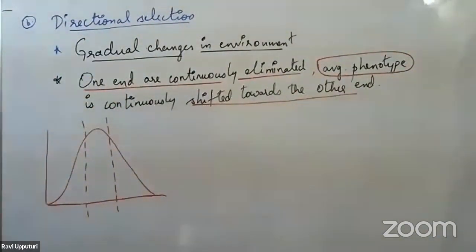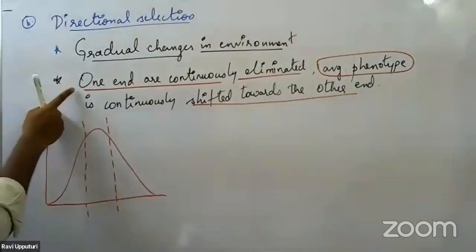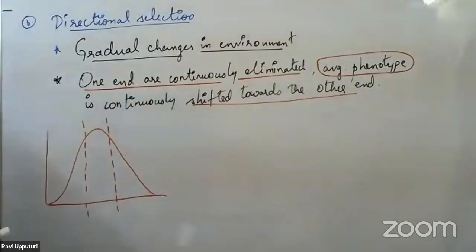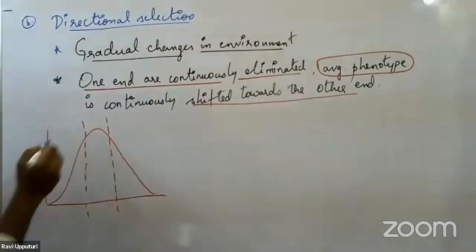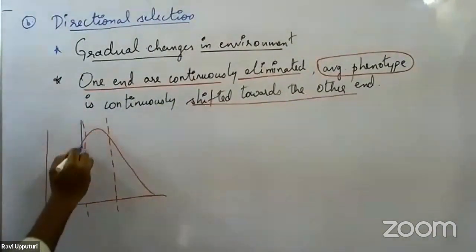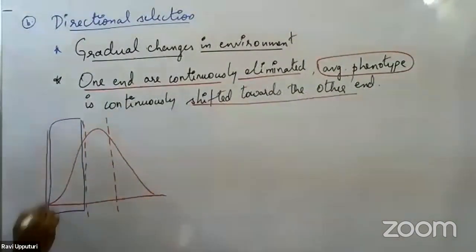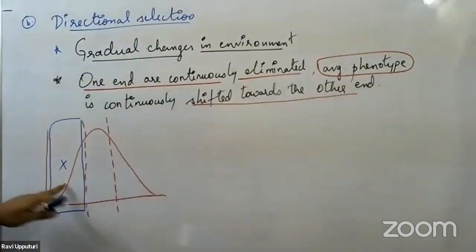Now what we are trying to say is that individuals present towards one end of the phenotypic distribution, that is, individuals present towards this particular area, are being eliminated.